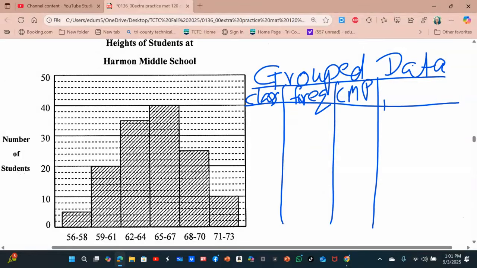We want to write the relative frequency, and we want to find the cumulative relative frequency. So we're going to do all this.